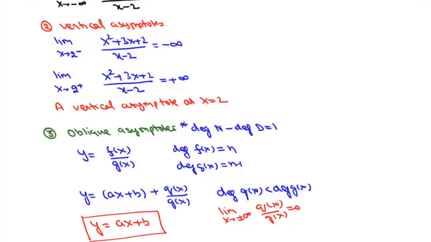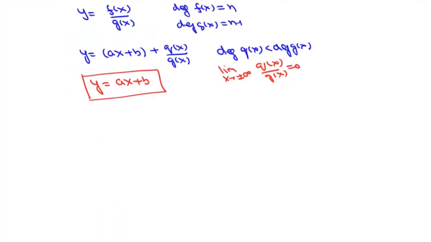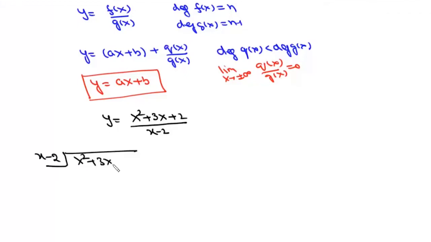So if we come back to our example, our function is y equals (x square plus 3x plus 2) upon (x minus 2). So if we divide, we write x minus 2 here, and here x square plus 3x plus 2. Now this is x, so this will be x square minus 2x. Now this is minus, plus, 5x plus 2, plus 5. So it will be this 5x minus 10, and this is 12.